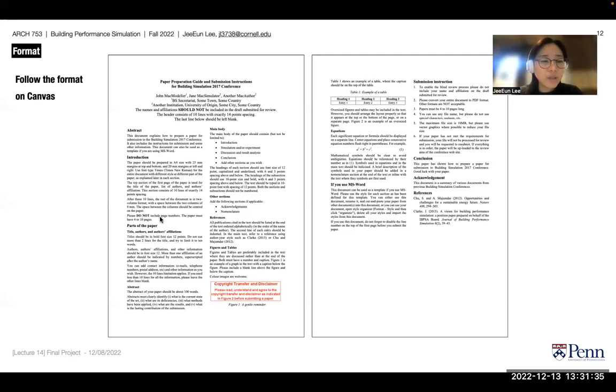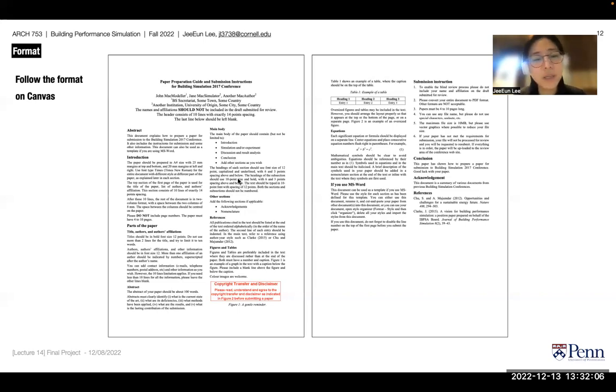And the introduction is how you set the stage and why your study is important, based on others' previous papers. But here you won't work on that so much. And you will have the main body, where the methods come first, then results, and then discussions and conclusions.